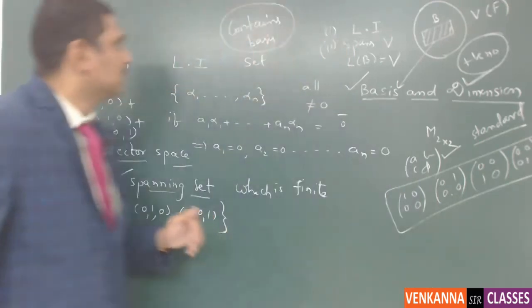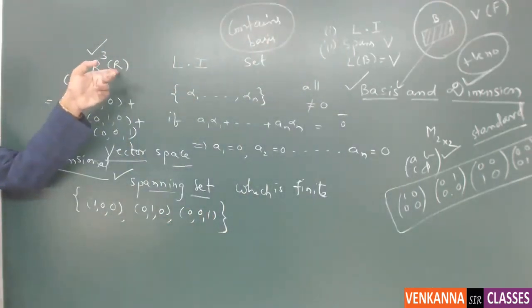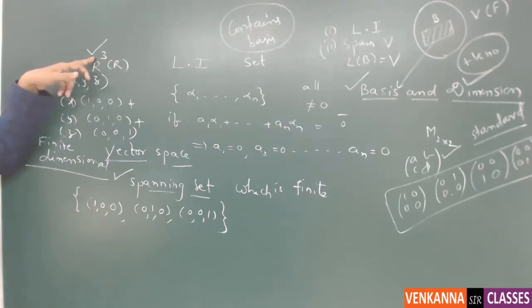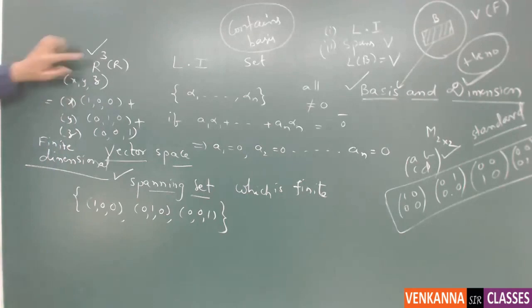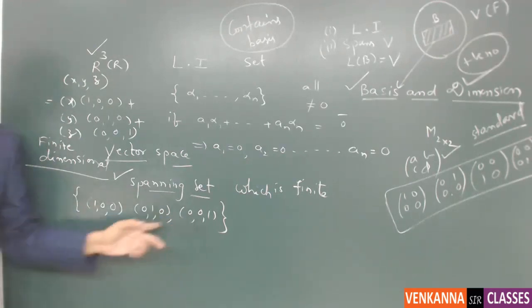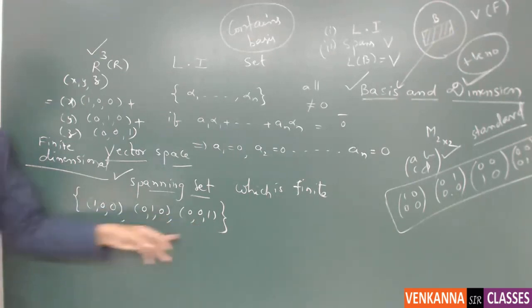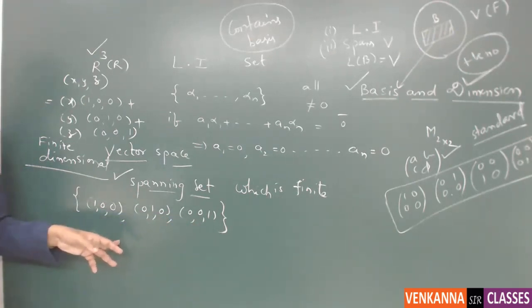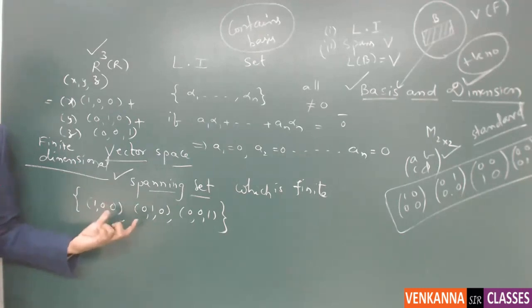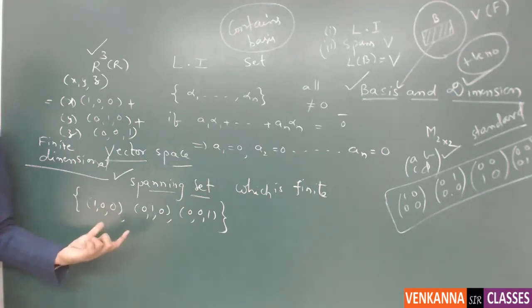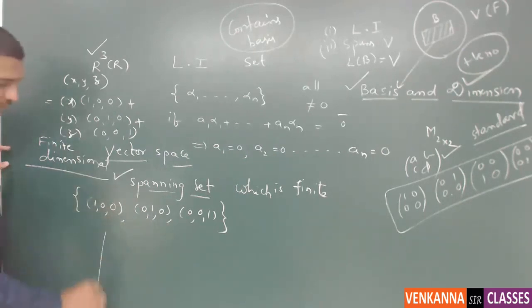Let me say I have taken R cubed over R. The very power indicates the dimension of the vector space. Since it is 3, it will have a basis having exactly 3 vectors. Now you can understand that these 3 vectors (1,0,0), (0,1,0), (0,0,1) are linearly independent, because one shortcut technique for verifying whether the set is linearly independent or not is to use the determinant.